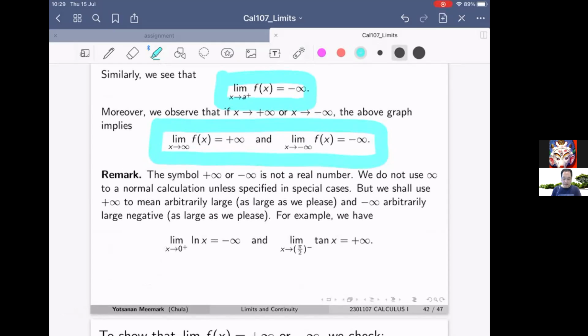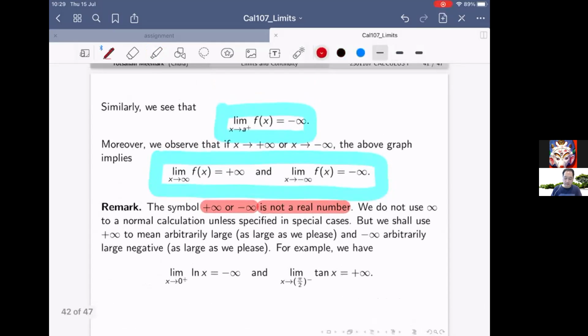So please note that the symbol positive or negative infinity is really not a real number. So first of all, we need to say that the limit as your x goes to a actually does not exist in terms of a real number.